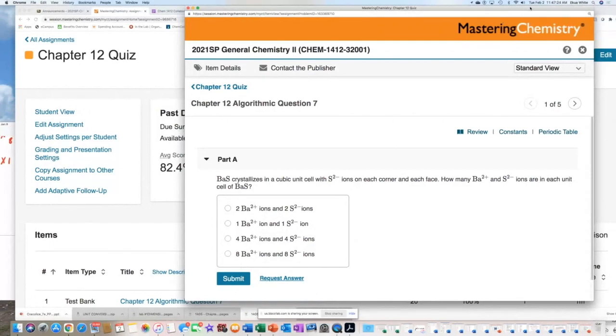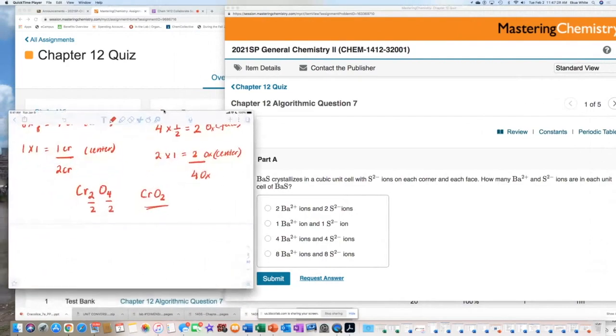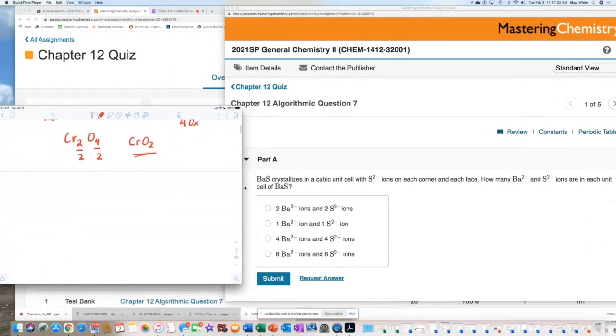Okay, so let me have this here to the left, and then the writing utensil here. Okay, so we have barium sulfide crystallizes in the cubic unit cell with S2 minus on each corner and each face.